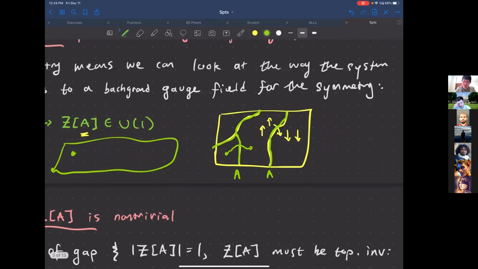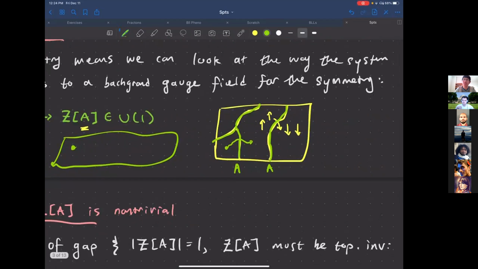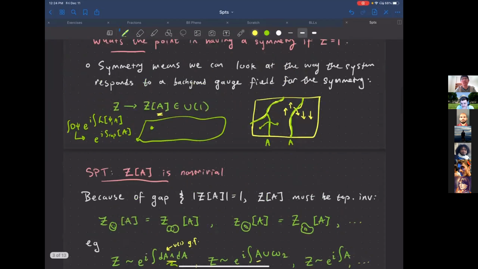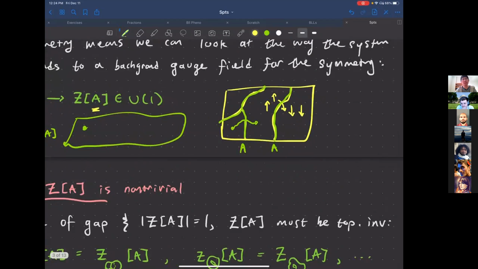This is easy to visualize in the case of some Z2 symmetry here. And in the case where I'm writing down things like this, where there's some continuous U1, it's really the same thing. You can think of a gauge field as just inserting a bunch of twists in the phase as you move around space.